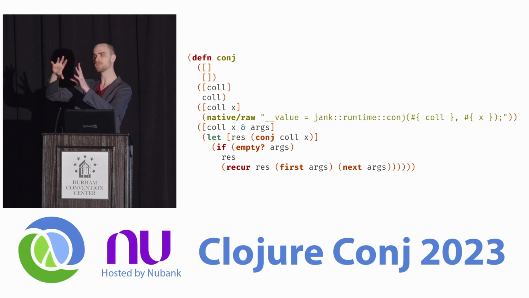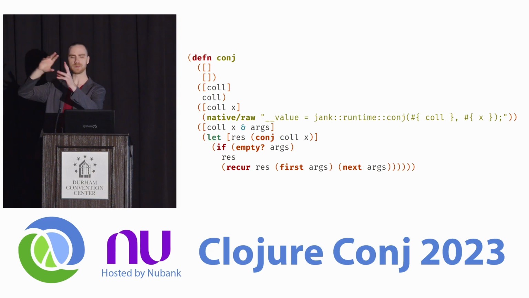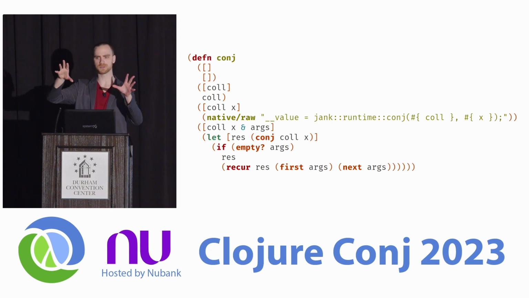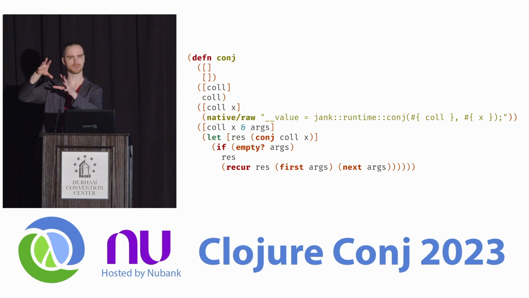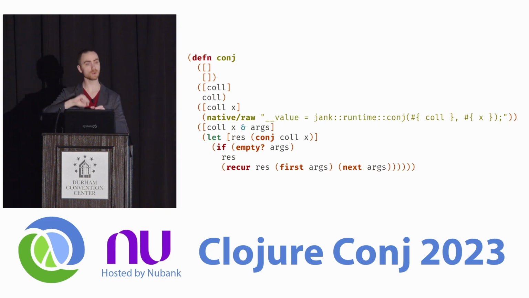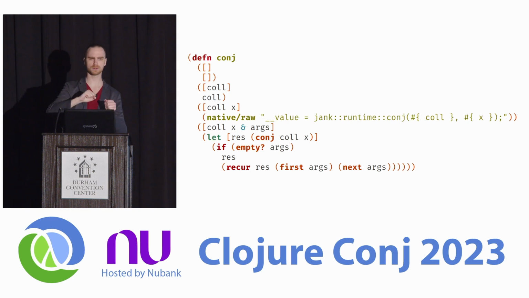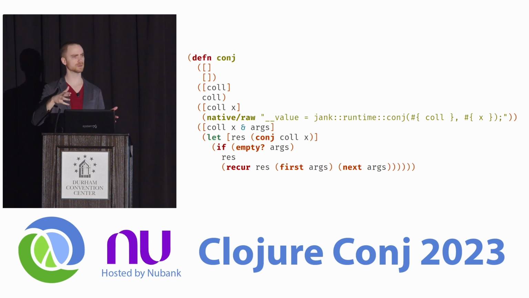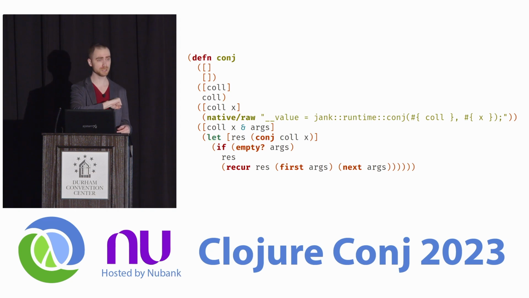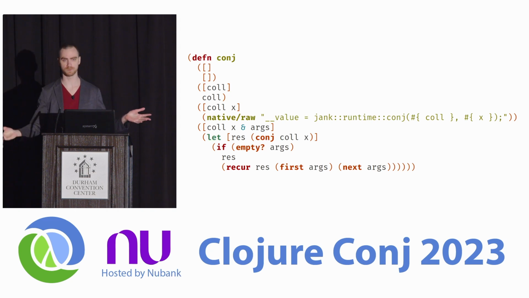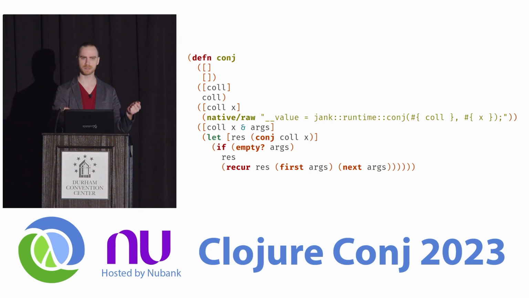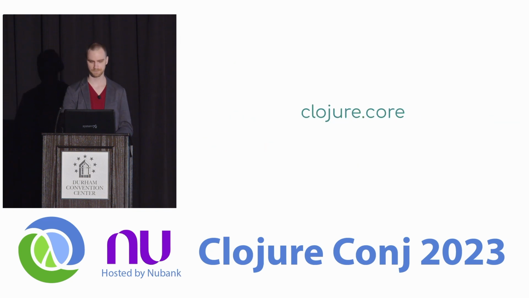And once you start with some Java classes, some Java functions, you define some Clojure functions around that. And then you define some more Clojure functions around that. And then you can start using those Clojure functions to define your other Clojure functions. By the time you get to the bottom of Clojure core, you have a lot of Clojure functions, right? And you can start using more Clojure functions. By the time you get to your application code, you have a whole bunch of Clojure functions. And you don't need to do interop as much.